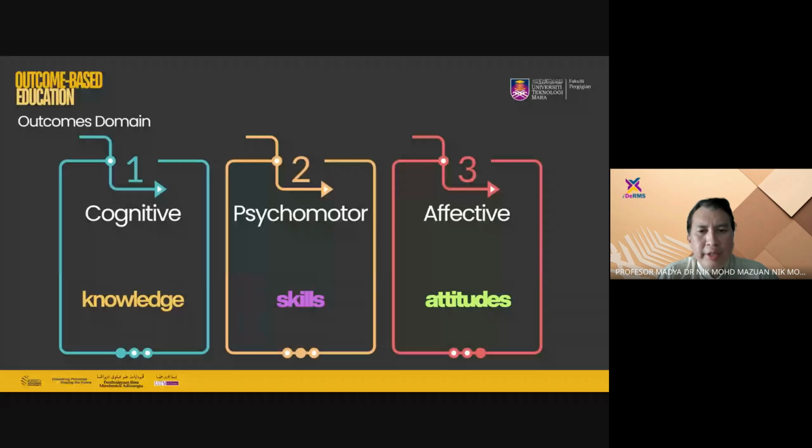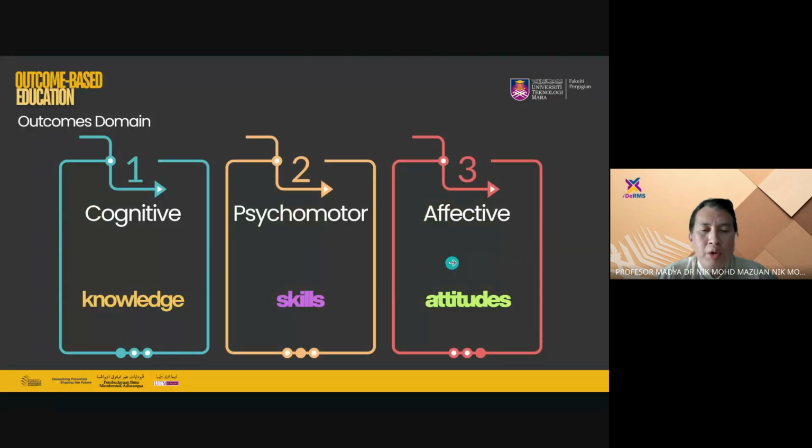If you understand this part, it will be a lot easier for you to do the assessment and the CQI. If you have done this in your learning outcome, you know exactly what your assessment method would be. I'm just giving you an example right now so that you have some ideas what to do.